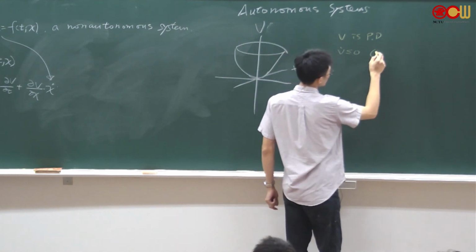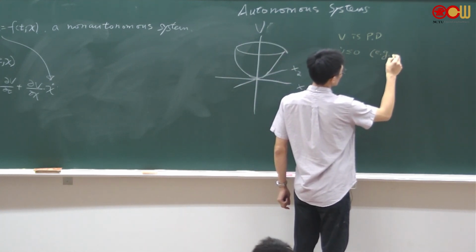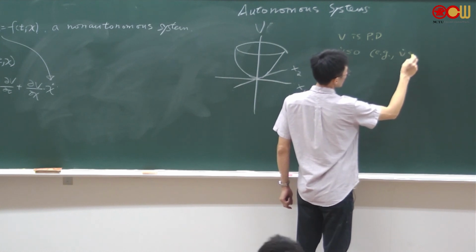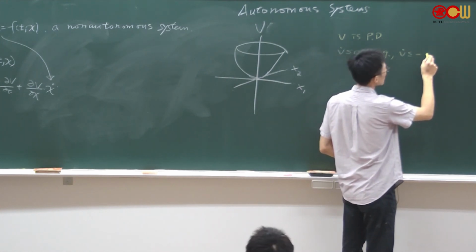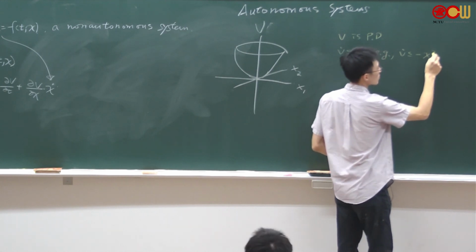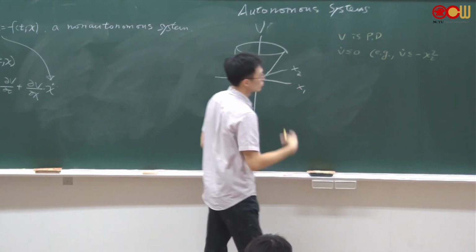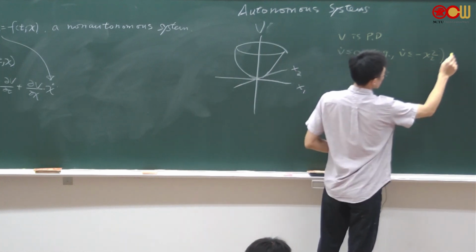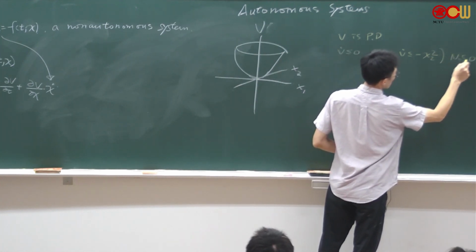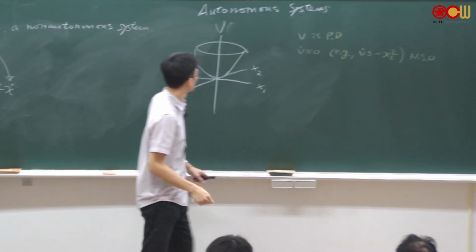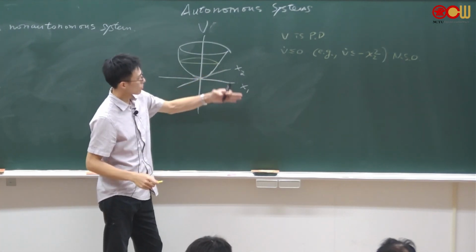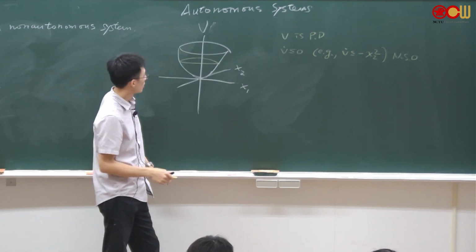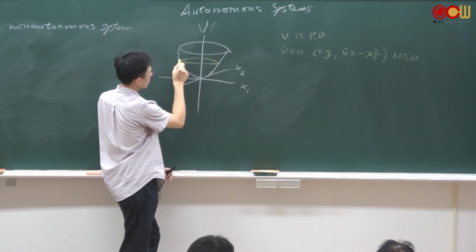For example, for the pendulum case, V dot is some x2 squared, which is PSD. That means V dot equals 0 when x2 is 0, so it stops here.